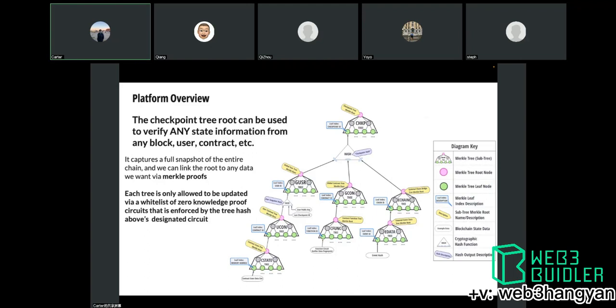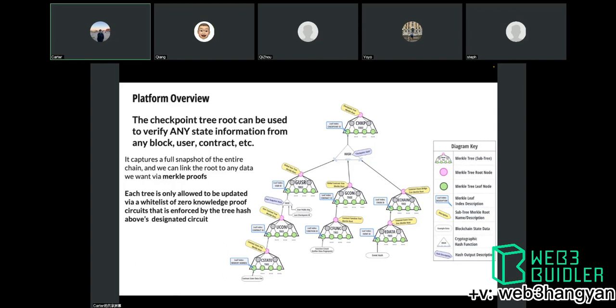And also we do extreme fragmentation for all of these trees, and nodes are incentivized to store certain parts of the state trees. We have our own custom Merkle tree database that has a ZK friendly Merkle hash, and we also have a zero Merkle tree strategy so that when we do storage, we only have to store deltas. And we can always do log n lookups of historical data.